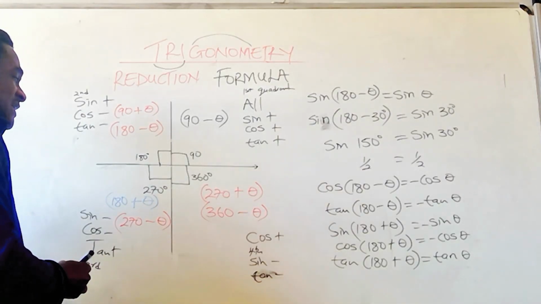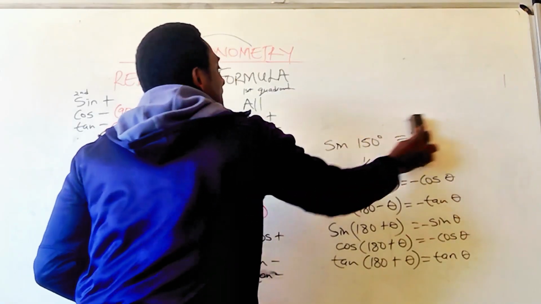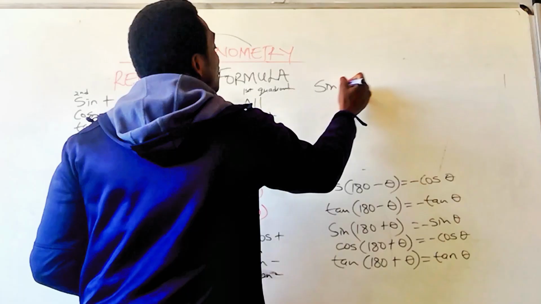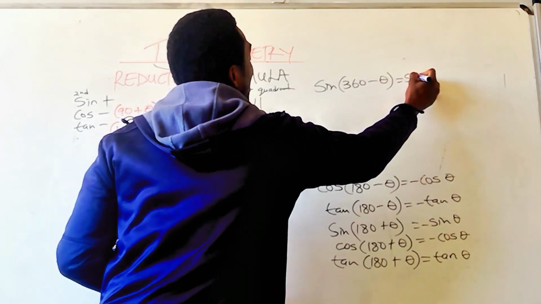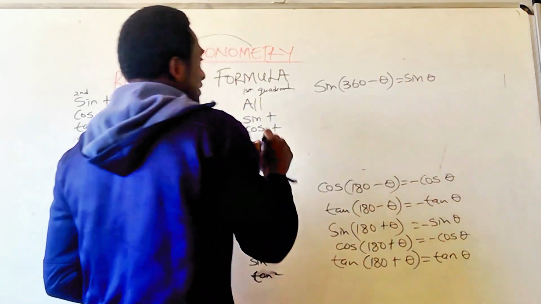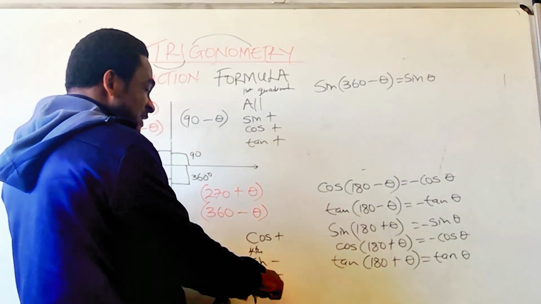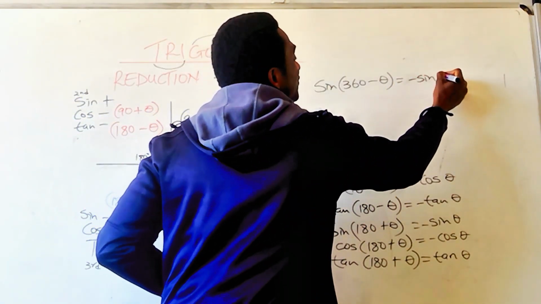And then lastly, we'll look at the 360s. We have sine of 360 minus theta. This is the fourth quadrant. Be careful, in the fourth quadrant sine is negative, so we will have negative sine of theta.